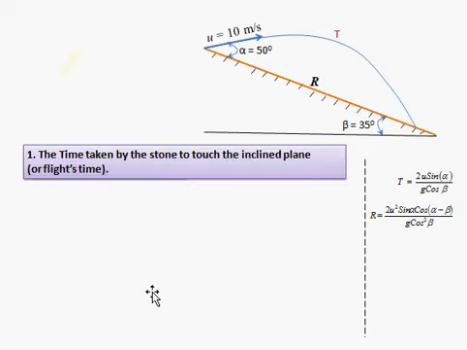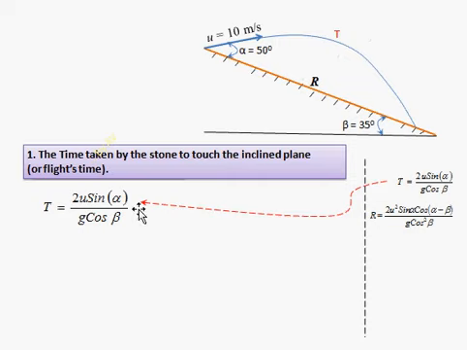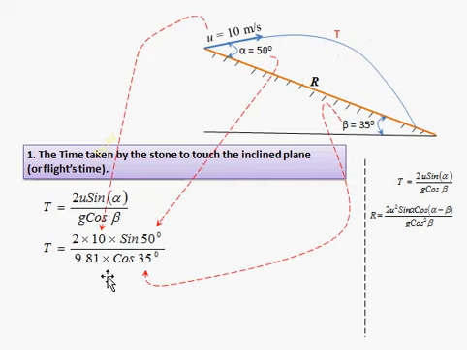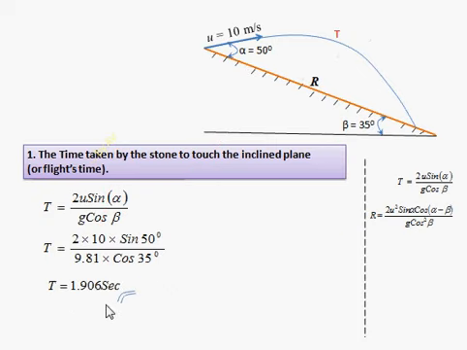Moving into the solution procedure. The first question is the time taken by the stone to touch the inclined plane. That is the time taken for its travel to this point. That is, T is asked. We know the corresponding formula. By taking that formula into consideration and substituting all the known values, we find the time taken by the stone.